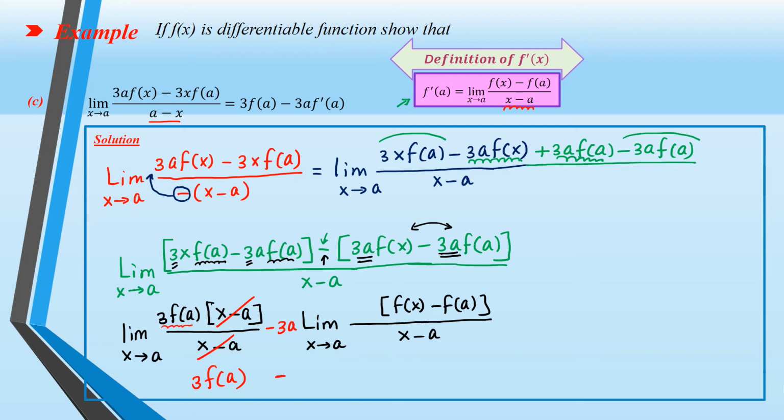And as you know, the limit of f of x minus f of a divided by x minus a is the definition of the derivative, so you will get 3a f prime of a, and this is what we want to find.